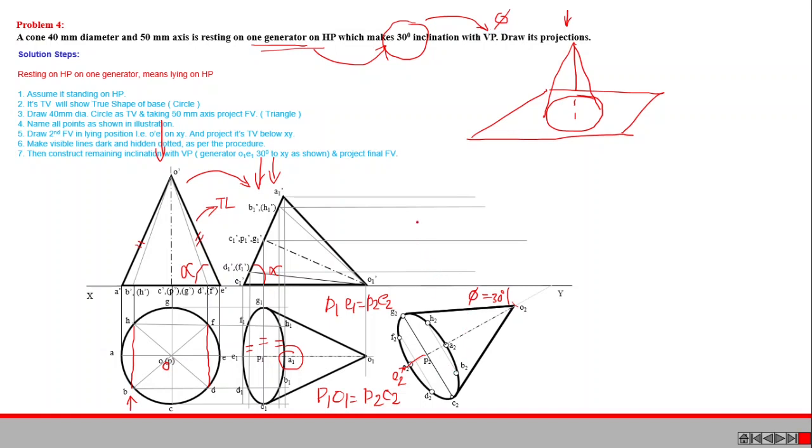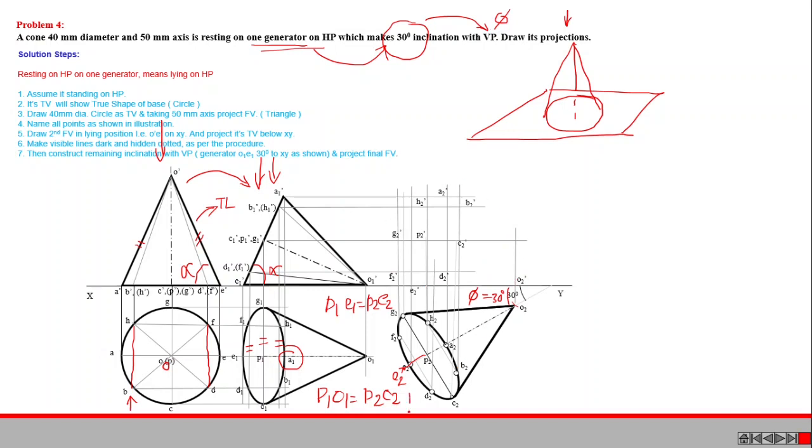Then finally we can draw the front view by projecting all the points like this. We can project all the points and locate all the points on the base and axis P2 dash, then O2 dash also. Then the outermost edges of the solid are always thick line. That is the primary condition.